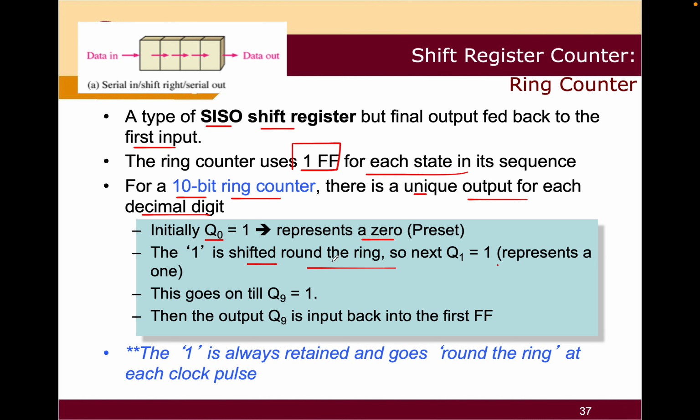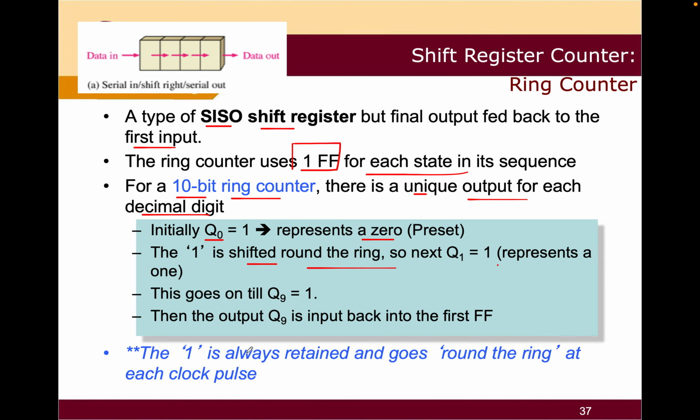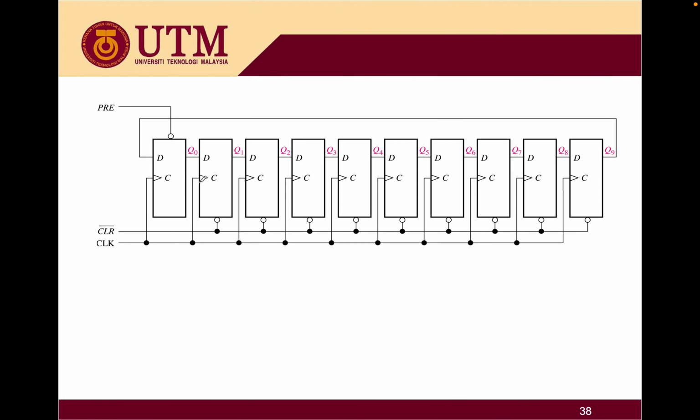The 1 is shifted round the ring, so next Q1 equals 1, representing 1. This one you can try to read and understand by yourself, because understanding the sentences depends on you. What I can teach after this is an example to help you understand all of these statements. Let's say you have this example of a 10-bit ring counter.